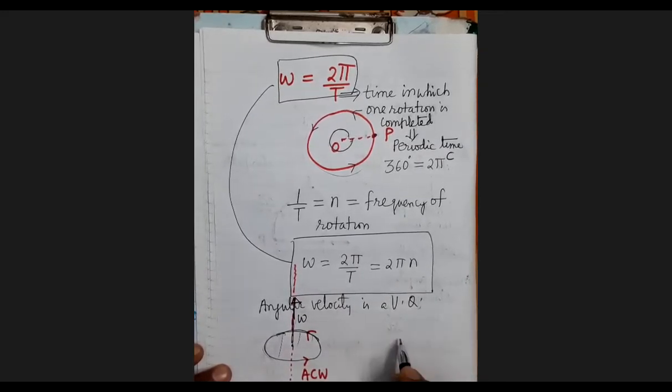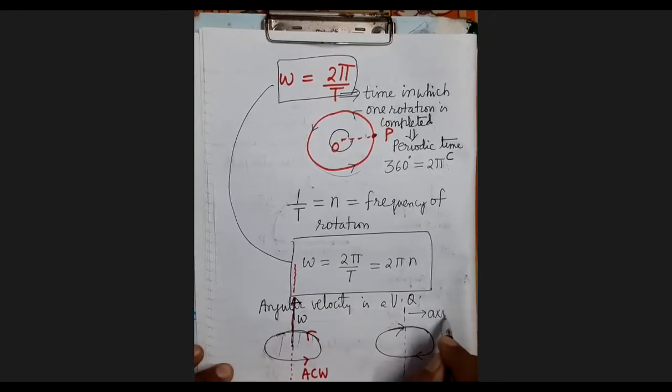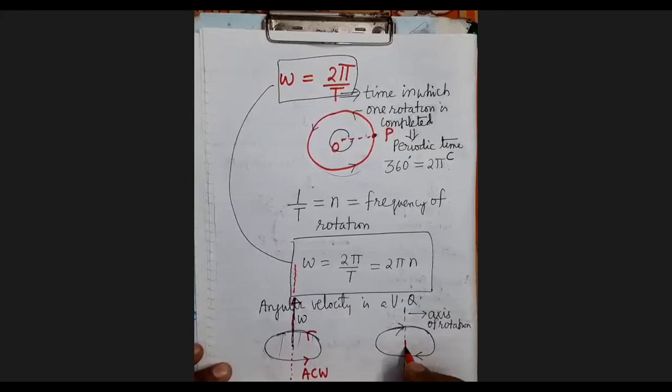It's clear. If the motion over the circular path is clockwise, this you can see, this is the radius and this is the axis of rotation. So what will be the direction of omega?